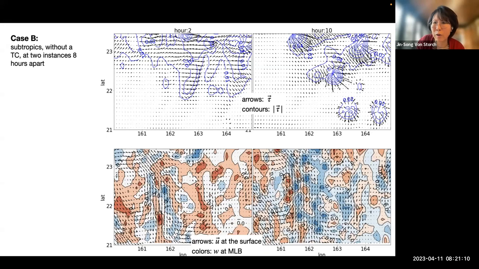It doesn't change very much. So it looks like the surface ocean does not really show a direct response to the small wind stress related to weak weather disturbances.